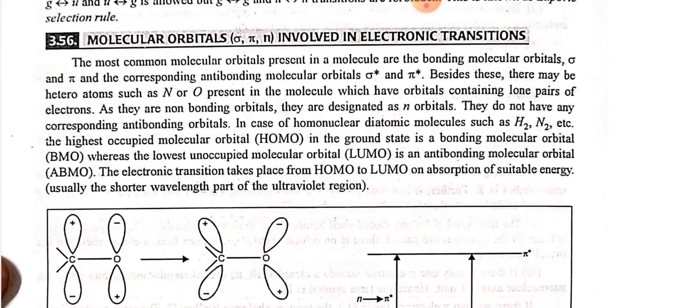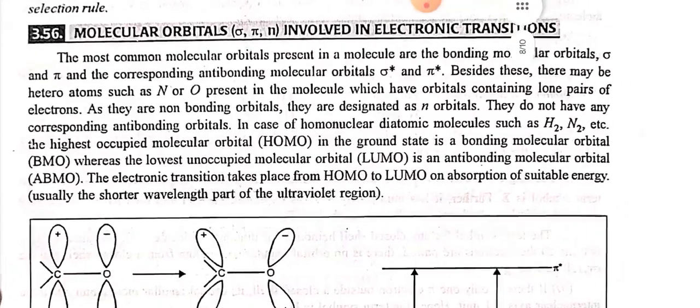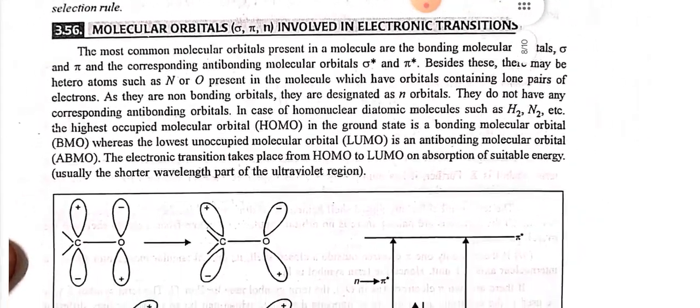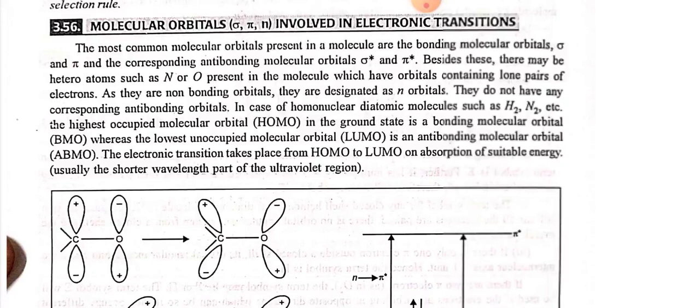Section 3.56: Molecular orbitals sigma, pi, and n involved in electronic transitions. The most common molecular orbitals present in molecules are the bonding molecular orbitals sigma and pi, which correspond to the antibonding molecular orbitals sigma star and pi star.